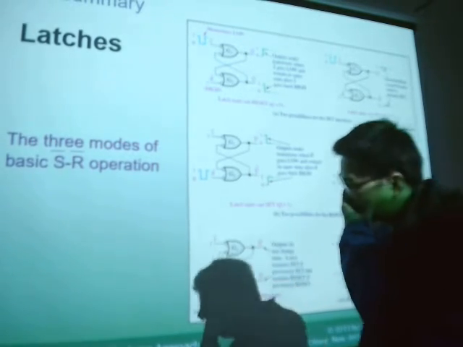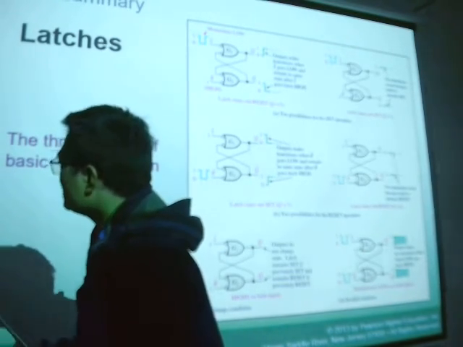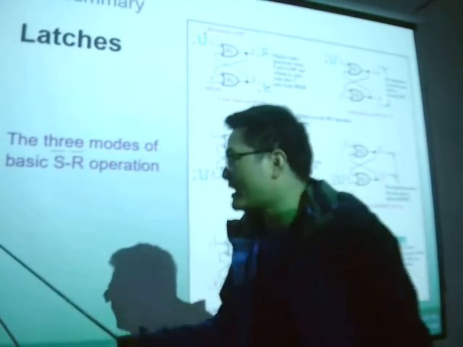Also, when S bar equals R bar equals 0, the output Q equals 1, Q bar equals 1.